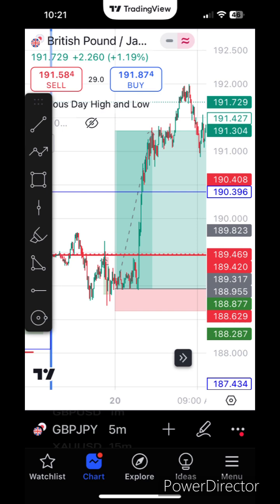So if we put the narrative behind the price action on this day, on Friday, okay? When price trades below that closing price of Thursday, we're in a discounted area, okay?